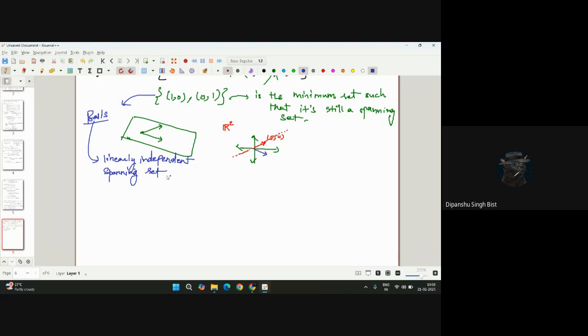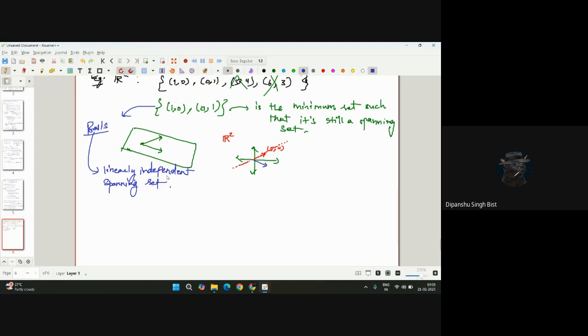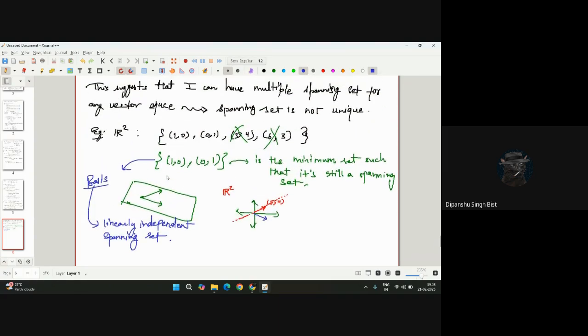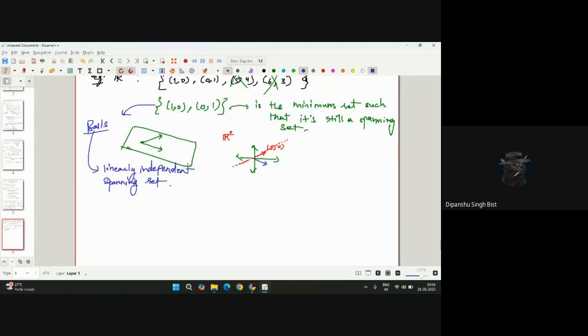Okay, so is this also fine? Like we talked about the spanning set not being unique, the same thing can be said about basis also: basis is also not unique. Why? Because I talked about a basis of R2, correct?